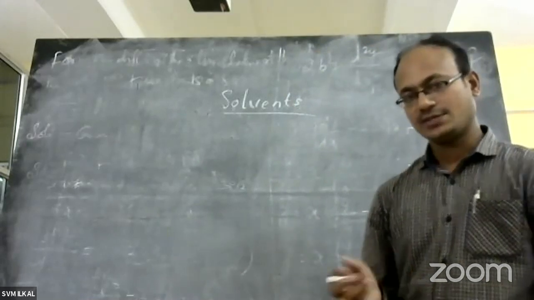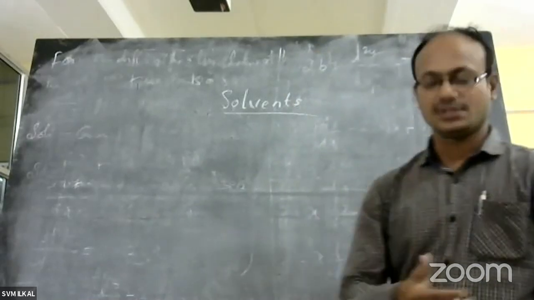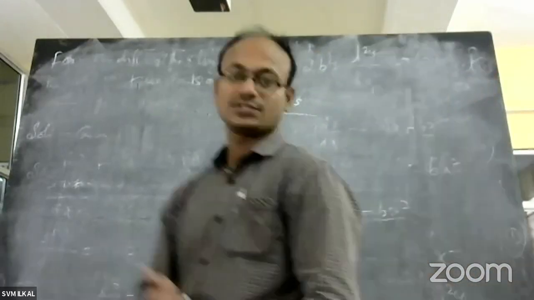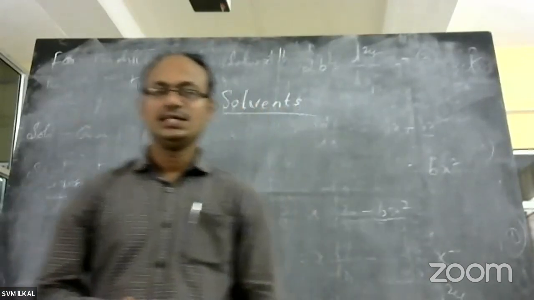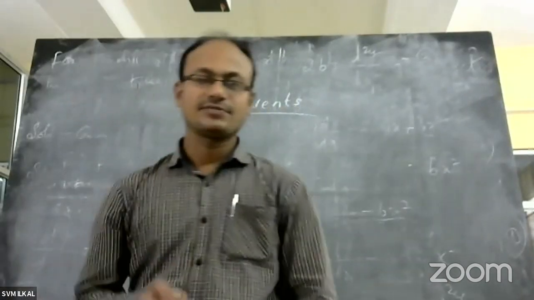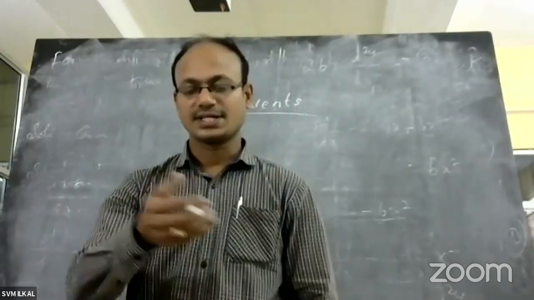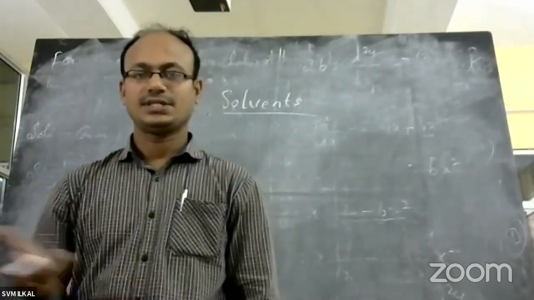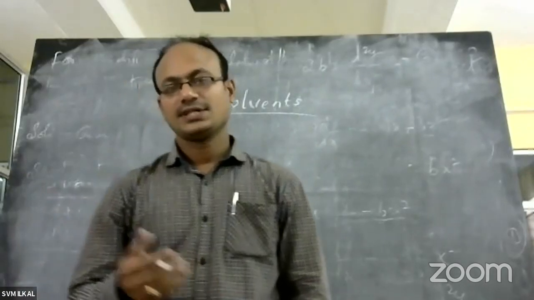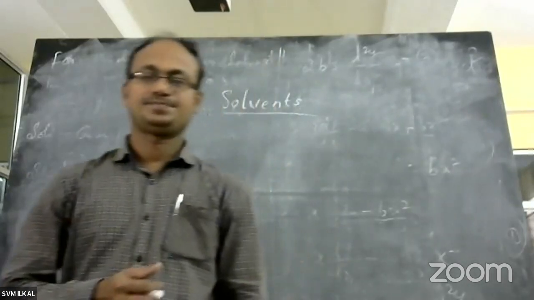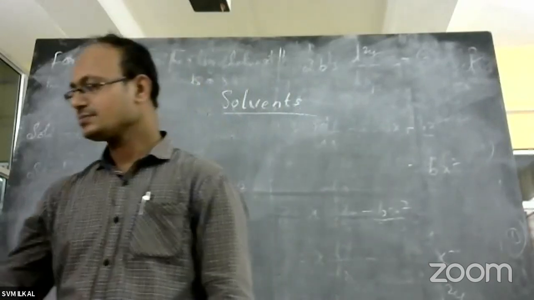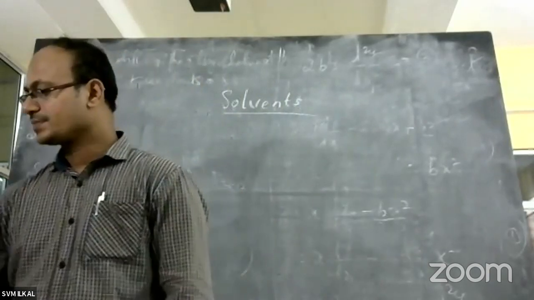So here also we need to understand the types: acidic solvent, basic solvent, then polar protic and polar aprotic solvents. These types are very important to understand the characteristic nature of any solvent. The first one we studied in the previous class is the acidic solvent.